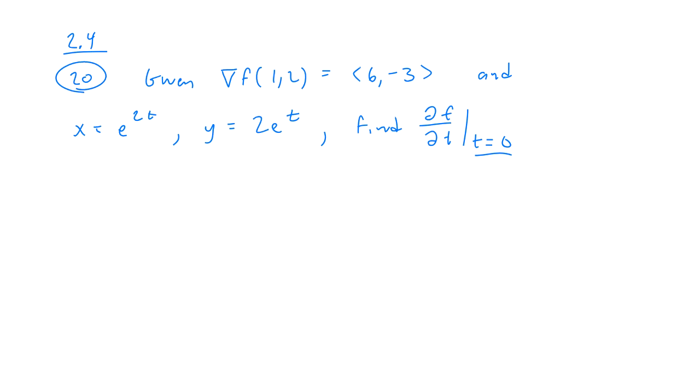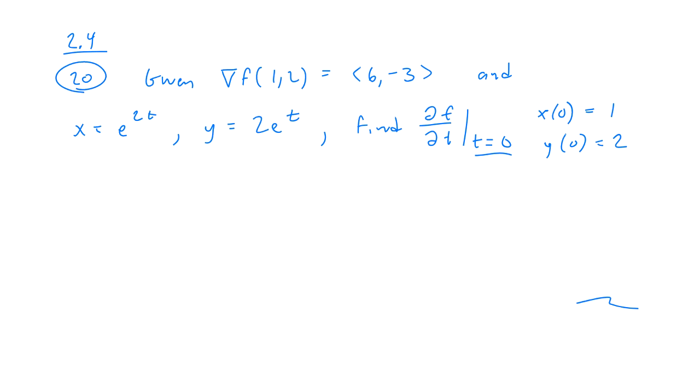Right, so we need that. If we plug in, we get the only point we know about. So if I put in t equals 0 into x, I get 1 as I need. And if I put 0 into y, I get 2.